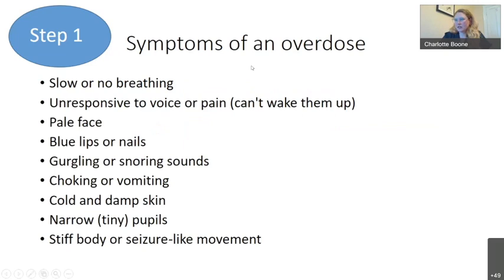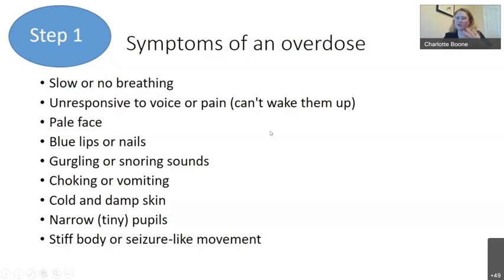So let's talk a little bit about what the symptoms of an opioid overdose look like. If someone's experiencing an opioid poisoning, they'll be having slow breathing, slow and shallow, or no breathing whatsoever. They would be unresponsive, so unconscious, so that's to voice when you call at them, or pain, maybe a pinch, can be woken up. They would have a pale face, blue lips or nails, and if someone has darker skin, this might look like blue gums.